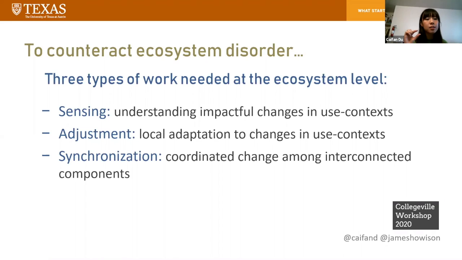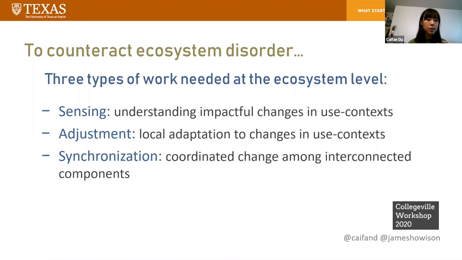The second thing is adjustment work. That means you reacted to that perceived change and you did some adaptation work locally. The third thing is synchronization. If you locally solved that issue but you don't share your solution with others, then the users of your software assemblage will need to assume the subsequent changes due to the initial single component change.